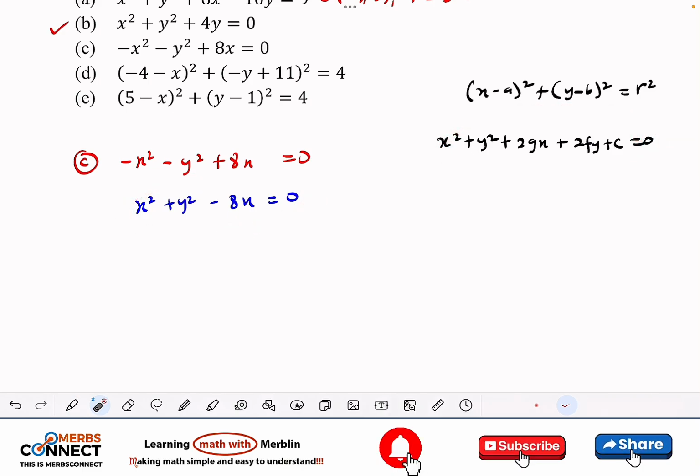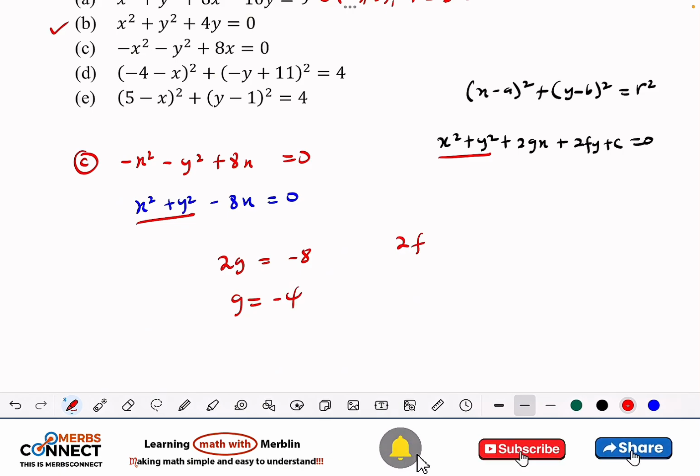So when I take my x squared, y squared out, then I compare the rest. So we see that the one with the x is here. So I'm going to have 2g to be equal to minus 8, right? So the one with the x, 2g is equal to minus 8. g will be equal to minus 4 when you divide through by 2.